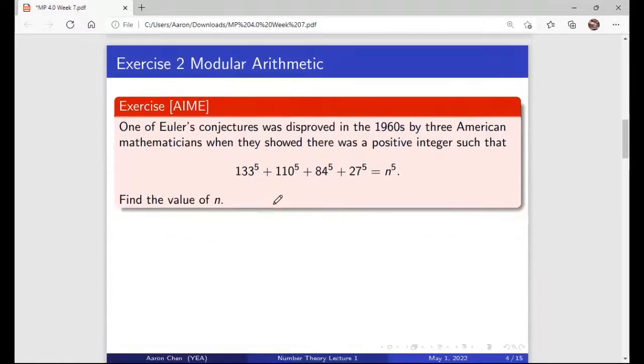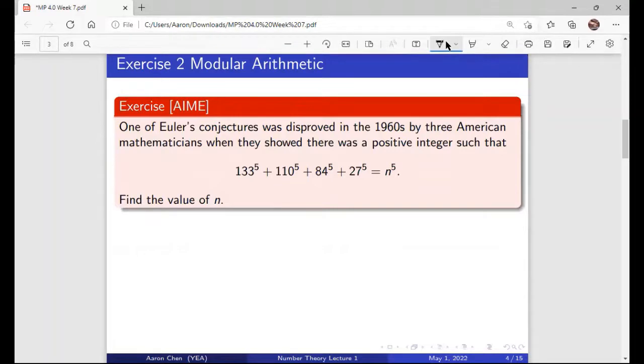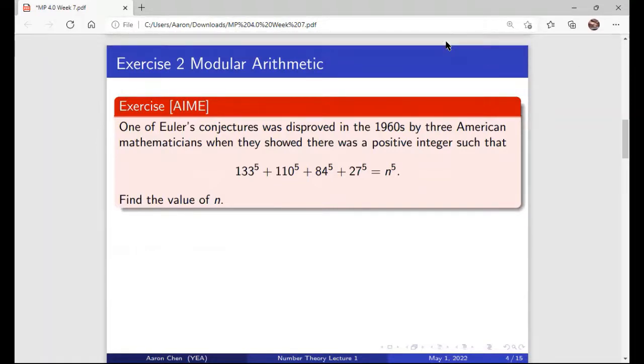Okay, well, if not, you can move on to the second question, which is about modular arithmetic. Modular arithmetic is relatively famous, so I will assume that all of you already know what it is.